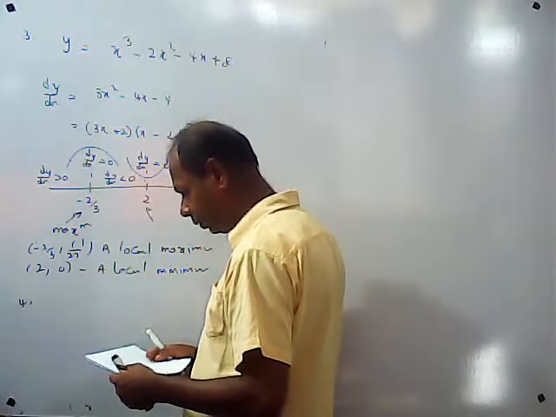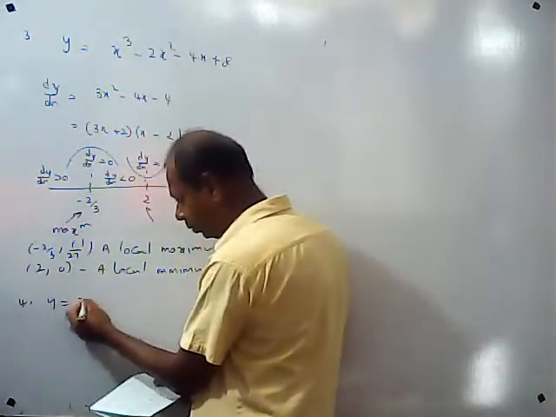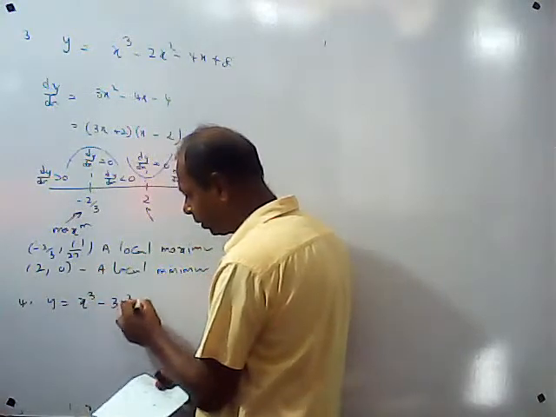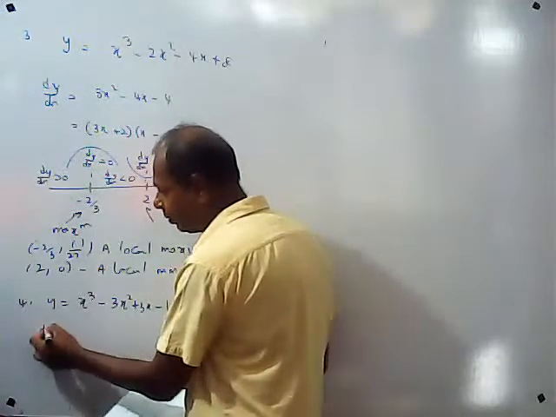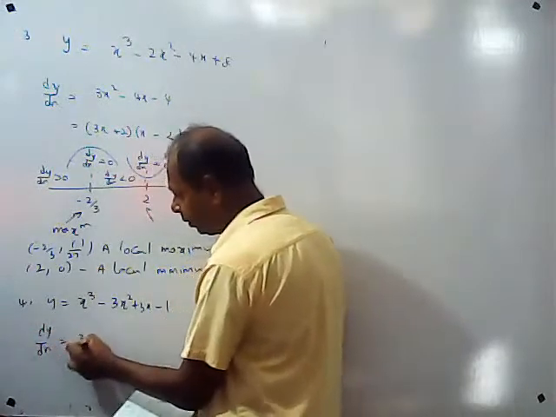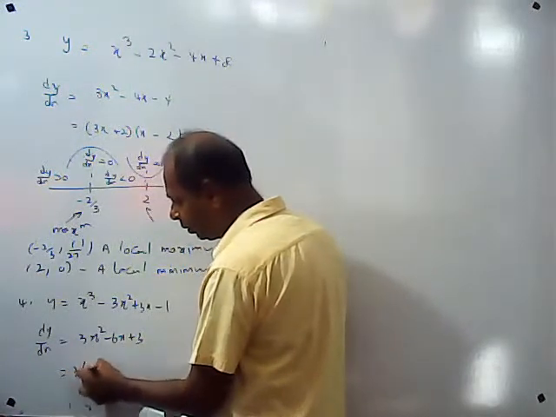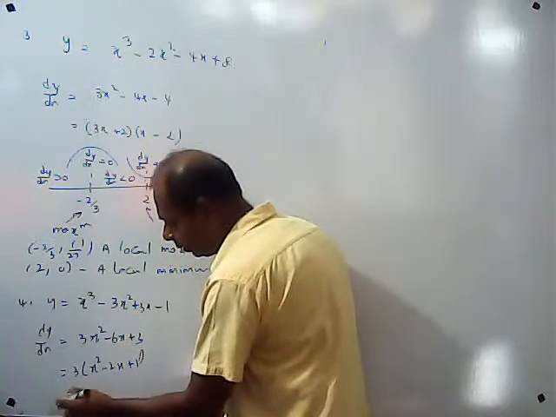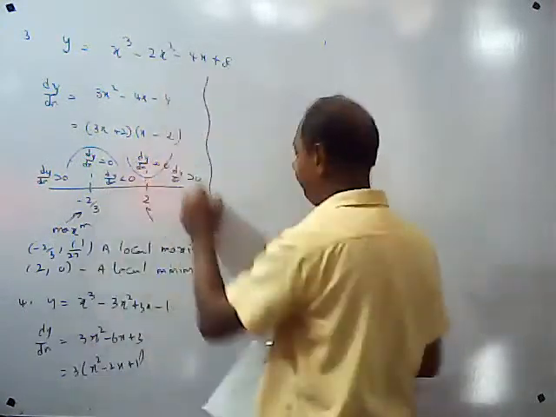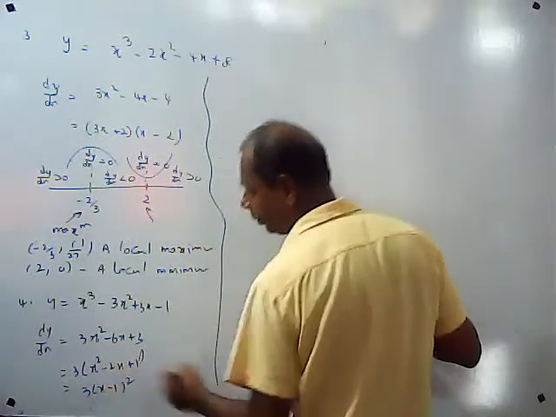I'll go to question number 5 then. y equals x cubed minus 3x squared plus 3x minus 1. And dy by dx is 3x squared minus 6x plus 3. You take 3 out: x squared minus 2x plus 1. So it is 3 times (x minus 1) squared.